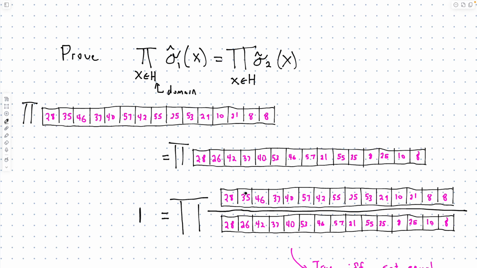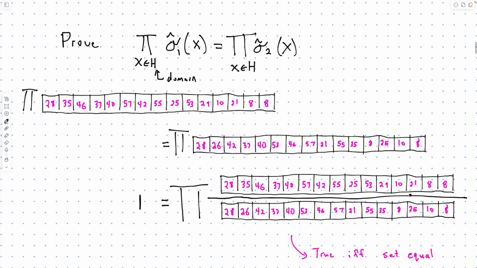Imagine all of these being multiplied to each other, all of these being multiplied to each other. It's going to equal 1 because they're all going to cancel out. There's a 28 on top, there's a 28 on the bottom, there's a 35 on top, there'll be a 35 somewhere on the bottom that will cancel out. As long as these are set equal, then obviously they're all going to cancel out.